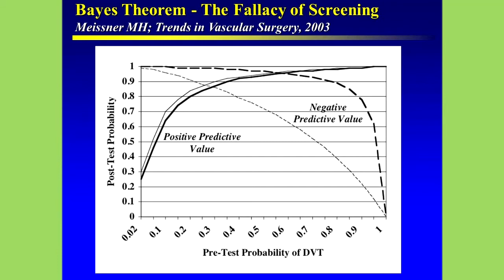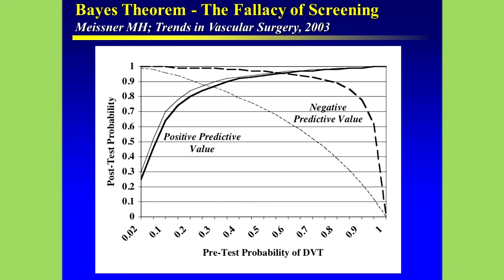So I'm going to get back to the issue of screening, and I think I have to admit we do screen patients just because we have the ultrasound in clinic, but I think it's important to recognize the fallacy of screening. If we take any test, doesn't matter whether it's ultrasound or anything else, with a 95% positive and negative predictive value, as ultrasound has, and look at how the positive and negative predictive value are really dependent on the pretest probability of deep venous thrombosis.